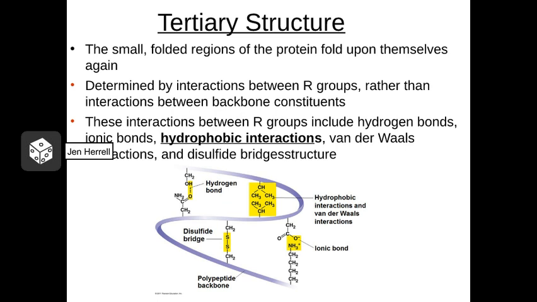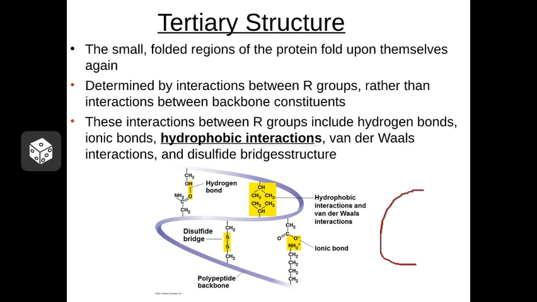There is a special kind of interaction that we need to discuss at this level, known as a hydrophobic interaction. Now remember that some of the R groups are nonpolar or hydrophobic. Also remember that these proteins are going to exist in an aqueous environment, inside the watery environment of a cell.